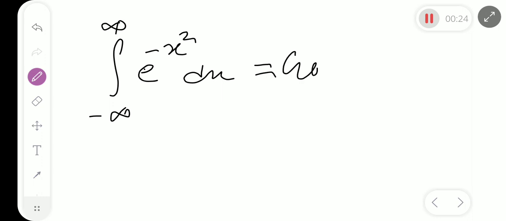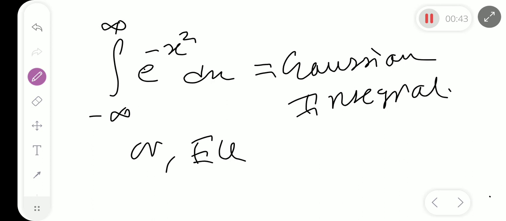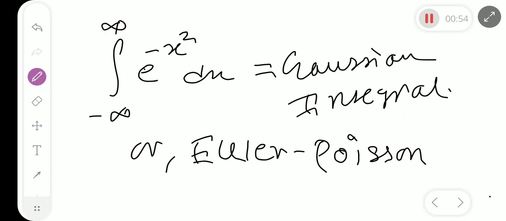Gaussian integral. This Gaussian integral is sometimes also known as the Euler-Poisson integral.